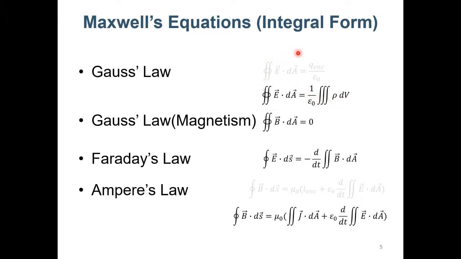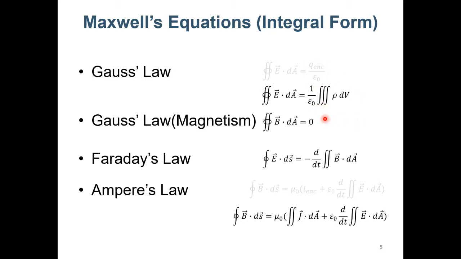For Gauss's law, it is a surface integral, so we use two integral signs to specify that. On the right side, the Q enclosed can be written as a triple integral of the charge volume density over a volume, so that this is the total charge in the volume.